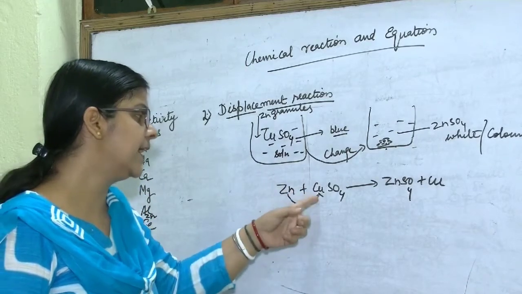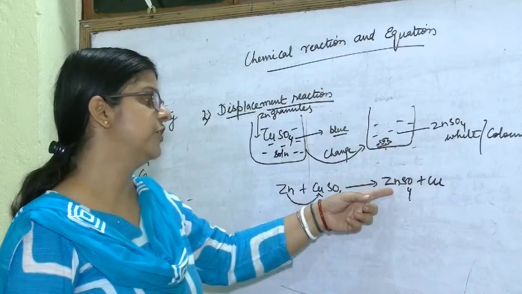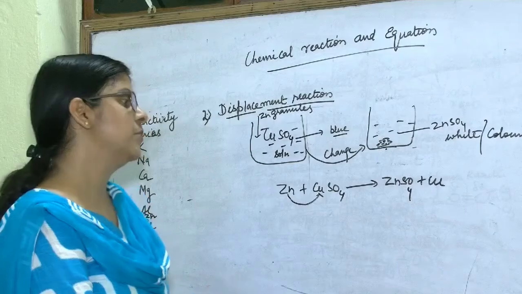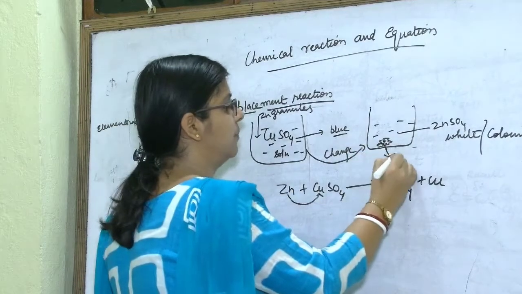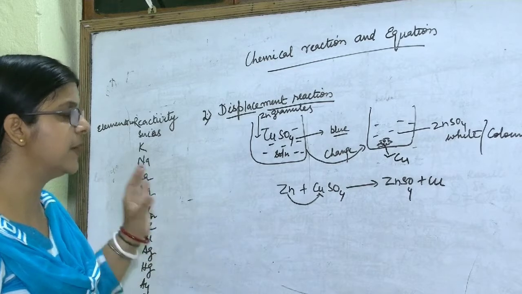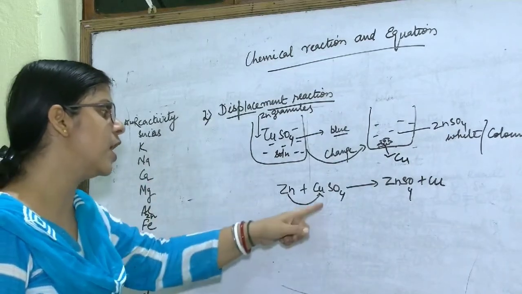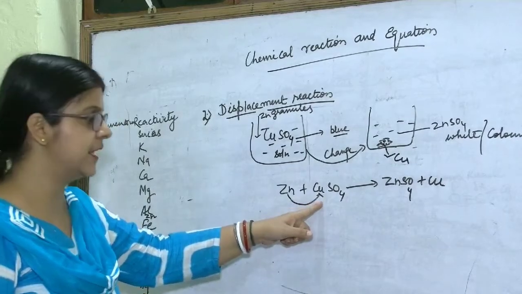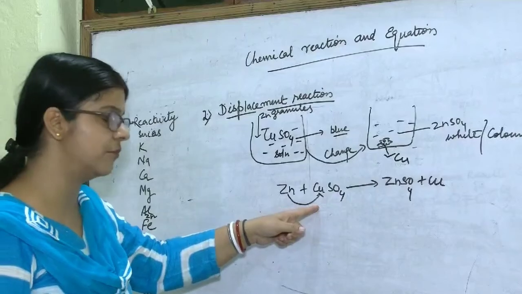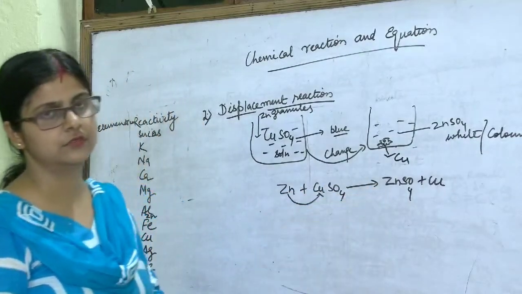Because zinc is replacing copper and it is forming zinc sulfate plus copper. And this brown mass will be of copper. So displacement reaction is a reaction in which an atom of one element displaces another element from its solution, from its compound, and forms another compound.